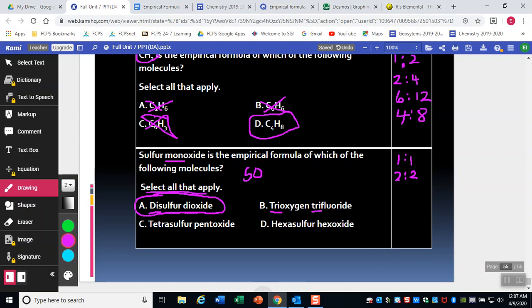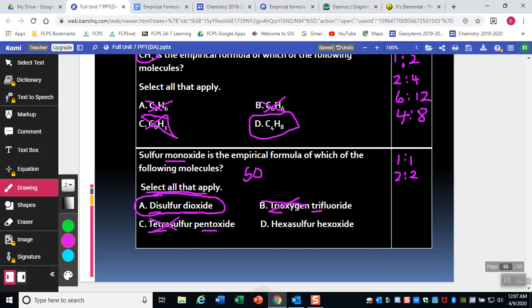The tris are both the same, but this is oxygen and fluoride, so that is not the same molecule. Tetrasulfur pentaoxide. That's 4 and 5, so that doesn't work. If you have 4 to 5, that's not equal. That's not a 1 to 1 ratio.